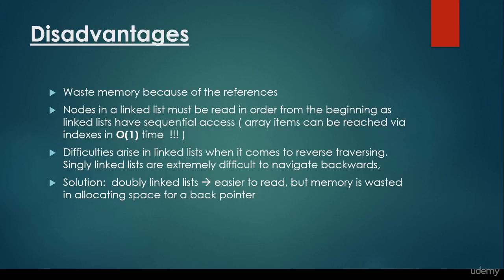So in this aspect, arrays are very memory friendly. For a linked list, we have to use at least one pointer pointing to the next node. But when it comes to a doubly linked list, we have to use double references, one reference to the next node and one reference to the previous node. But it's going to be easier to read the data and perform other operations.